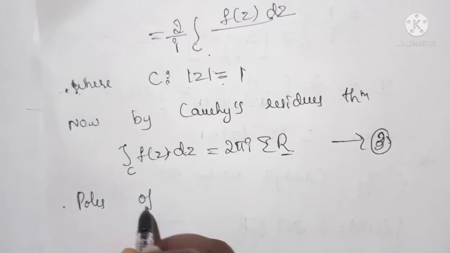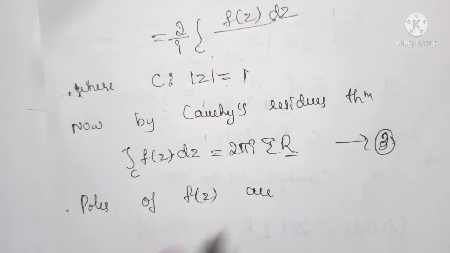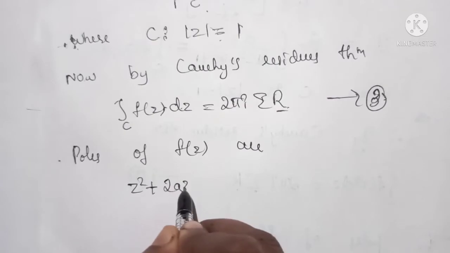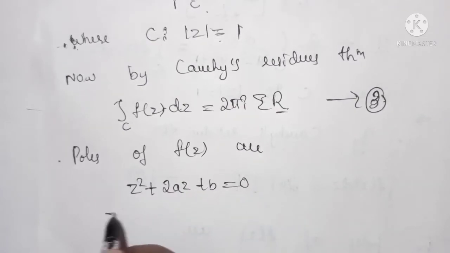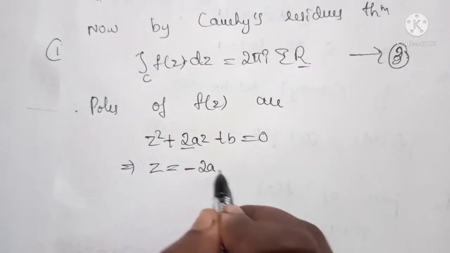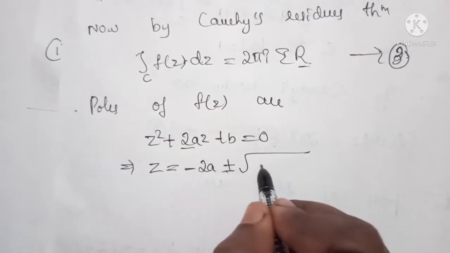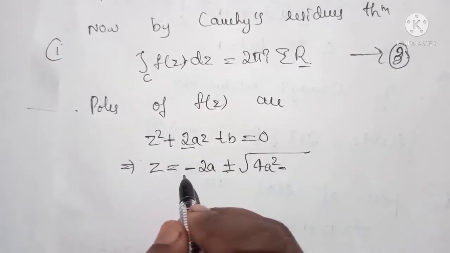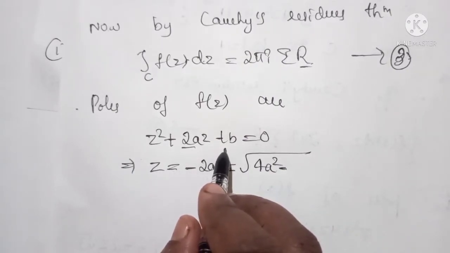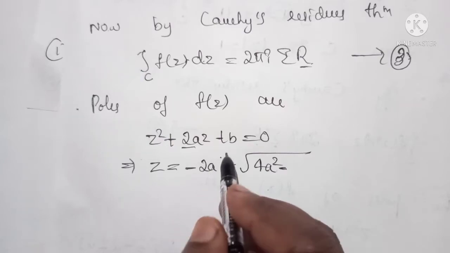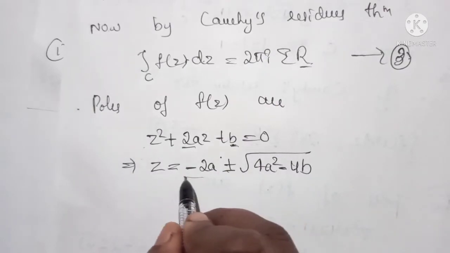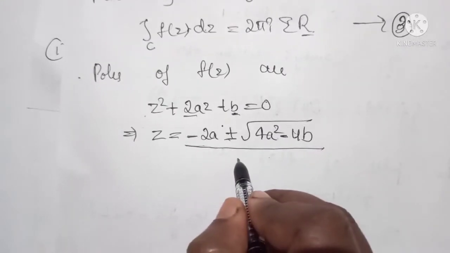Poles of f of z are obtained by equating b z square plus 2az plus b equals 0, which implies that z equals minus 2a plus or minus square root of 4a square minus 4bc. Sorry, 4ac, where here c value is b and a value is b, divided by 2a.